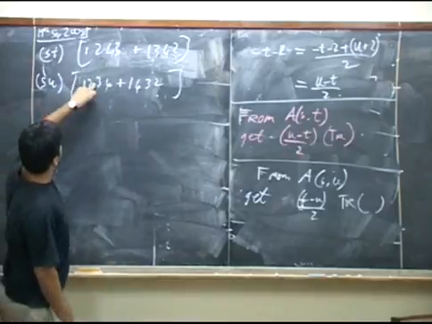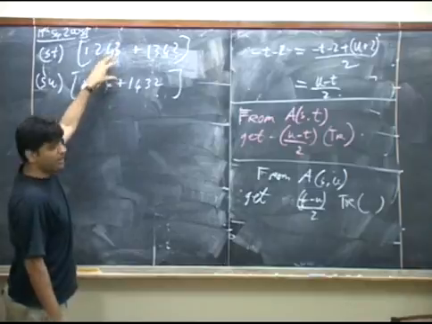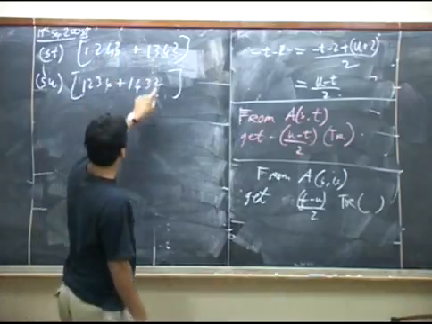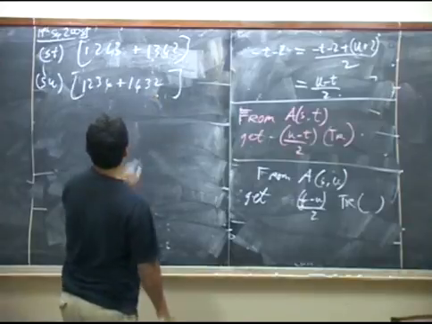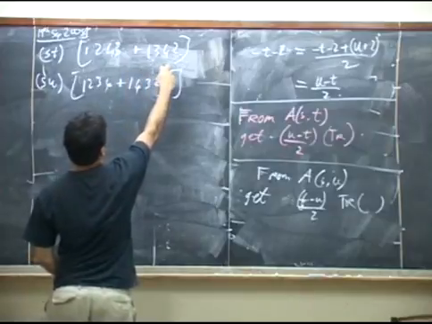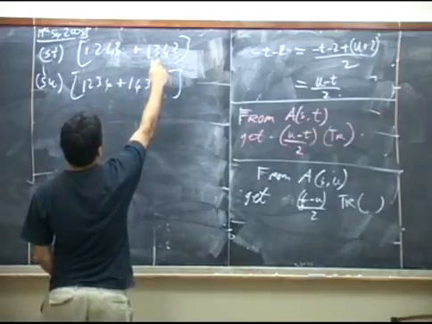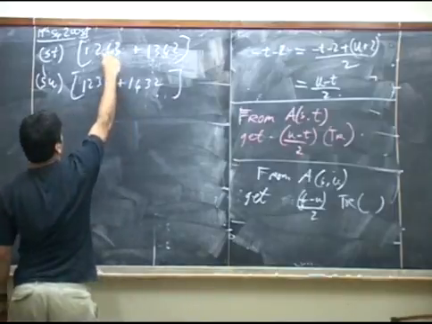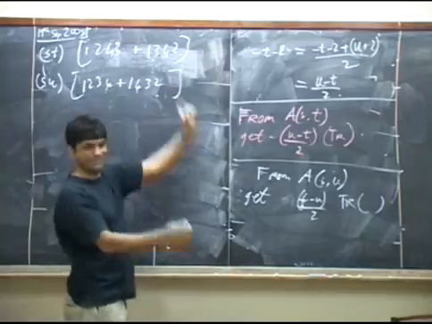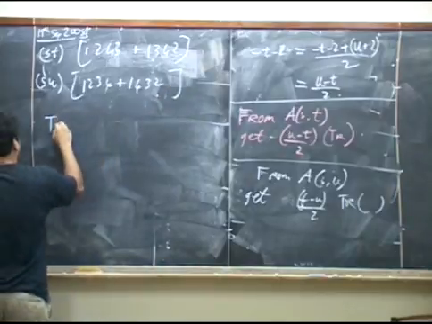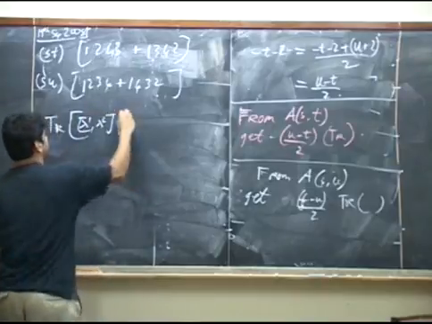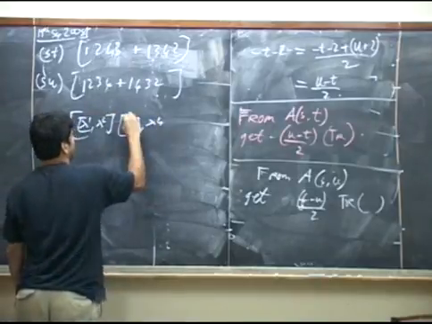So this minus this is 1, 2 times anti-commutator of 3, 4. And what about this minus this? This gives us 2, 1 times anti-commutator of 4 with 3. Then this gives us anti-commutator of 3 with 4. So you see that the whole thing is trace of lambda 1 lambda 2 anti-commutator.